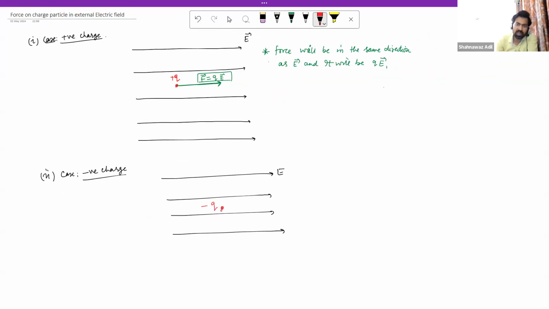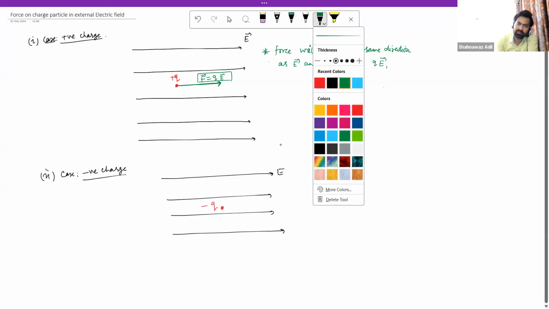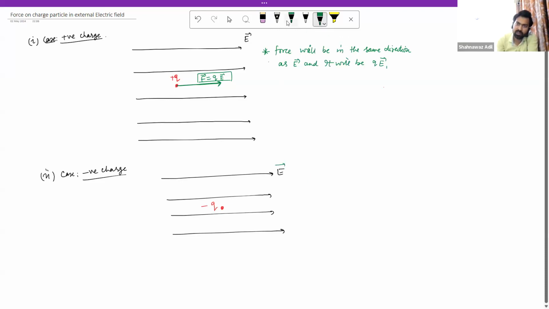So for a negative charge, the force would be in the opposite direction. This would be the force, which would be minus QE.